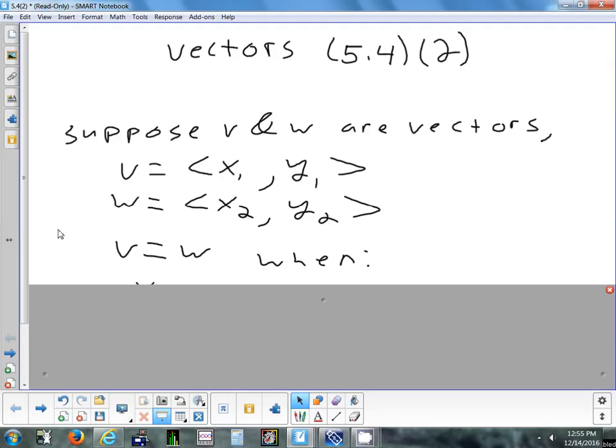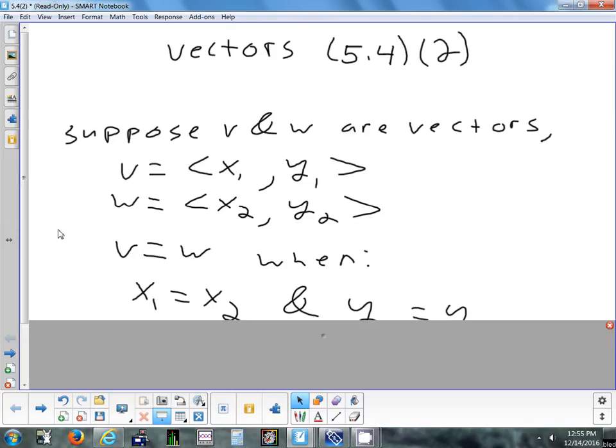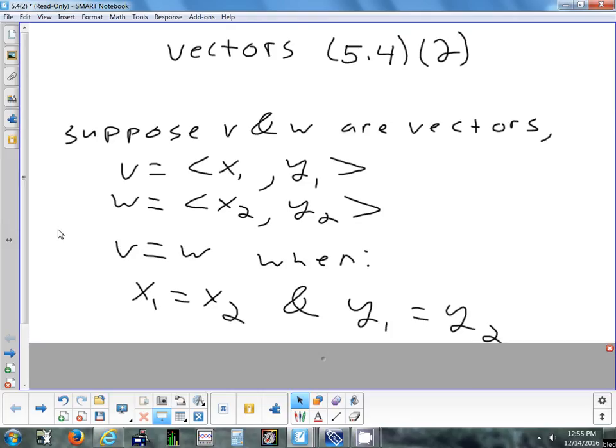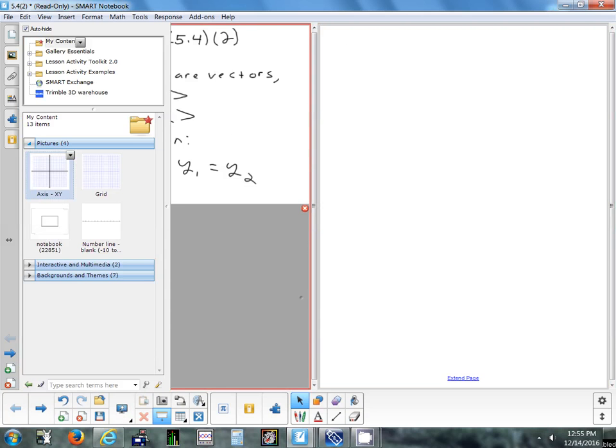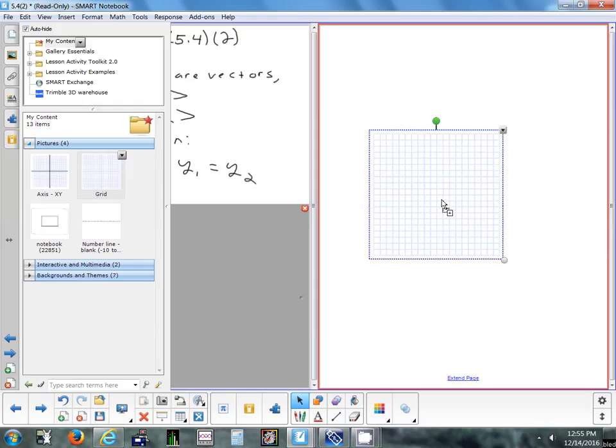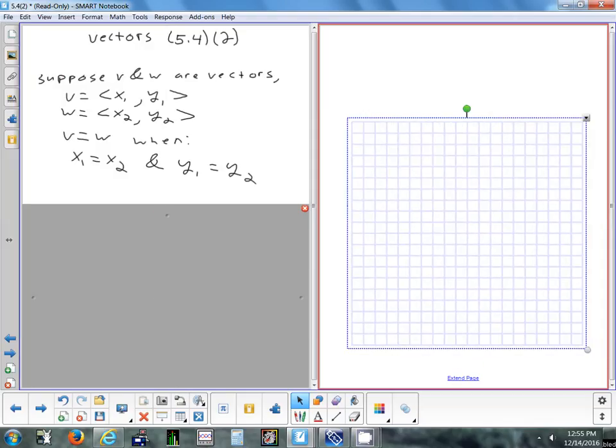For two vectors to be the same, they have to have the same horizontal components and the same vertical components.